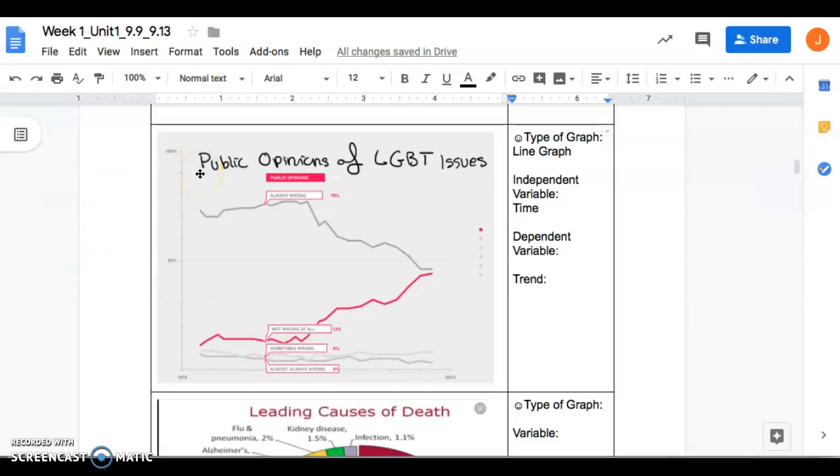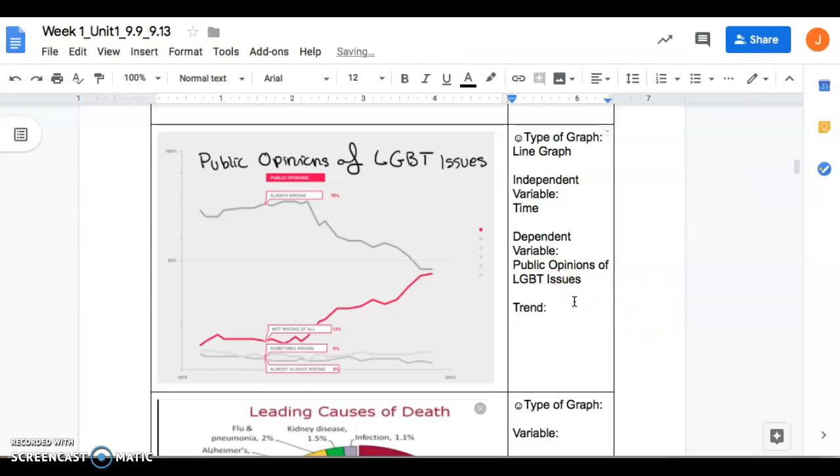The title is Public Opinions of LGBT Issues. So my dependent variable would be public opinions of LGBT issues. So for any variable, you would look at the axes for them to be labeled. If not, then you have to look to see if the lines are labeled or something else is labeled on the graph. And then you can also look at the title.